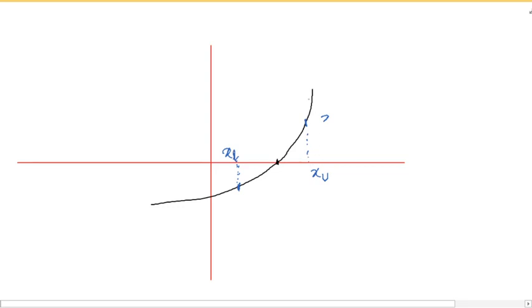So this is a function of x. We will be assuming that if the sign changes, that is, if fxu has one sign, in this case positive, and fxl, this point, is in the negative portion, so xl is in a different portion.